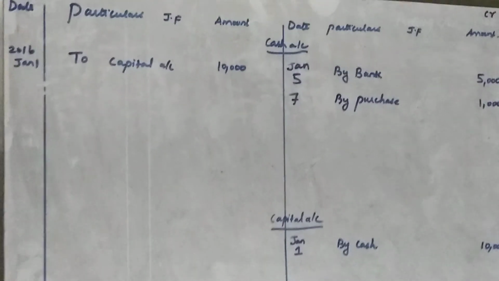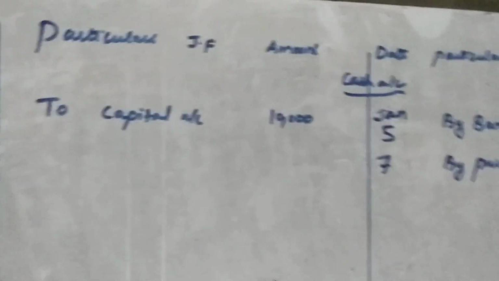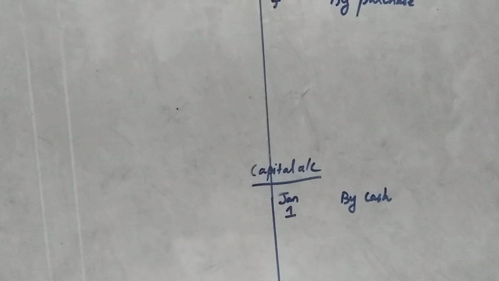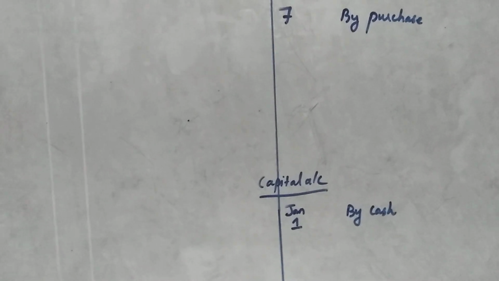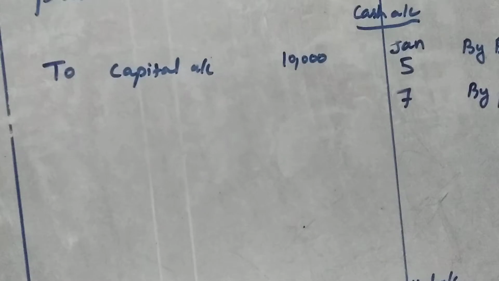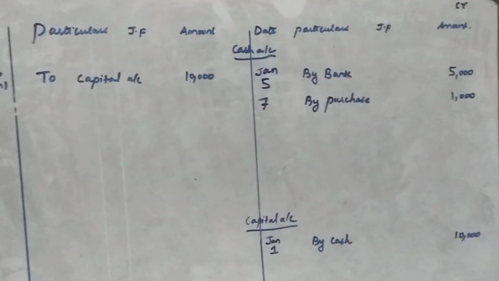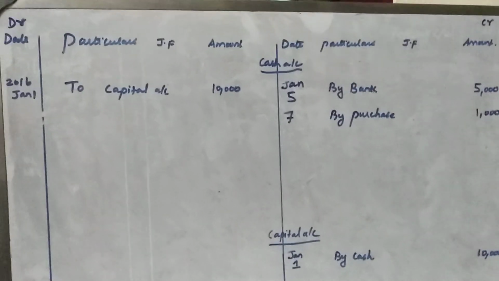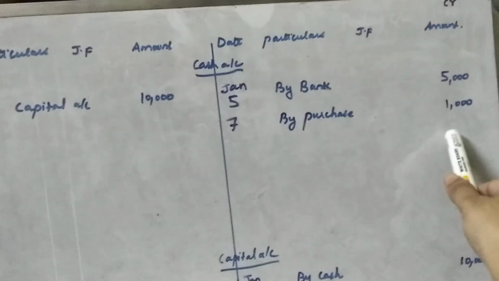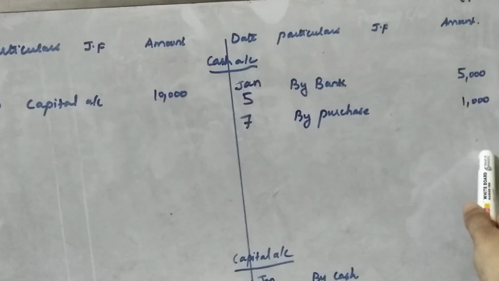Able to understand? Now after posting all these journal entries into the respective accounts, the last step will be balancing. So you have to see debit side as well as credit side. For cash account, on the debit side you are having 10,000, whereas on the credit side you have only 6,000.